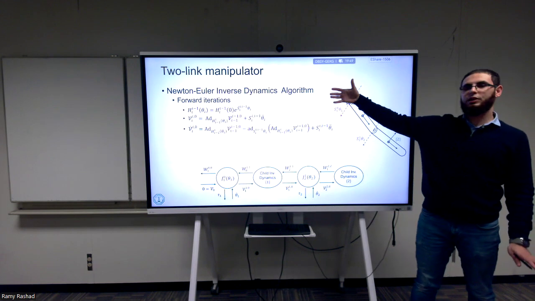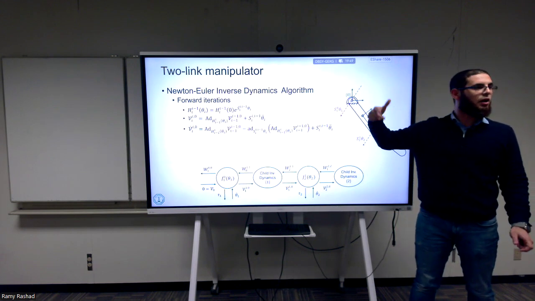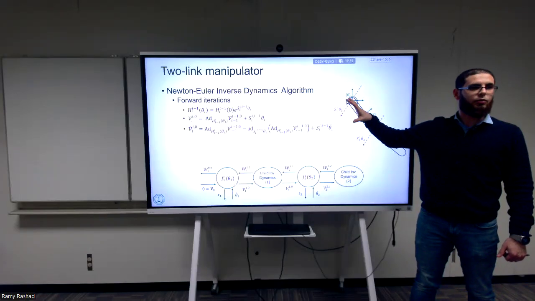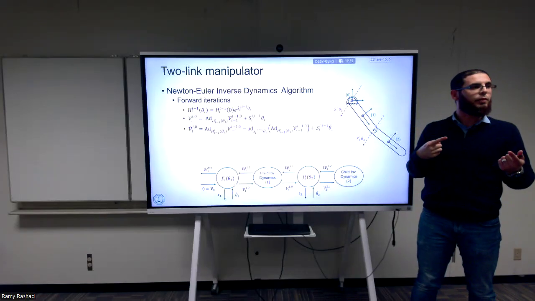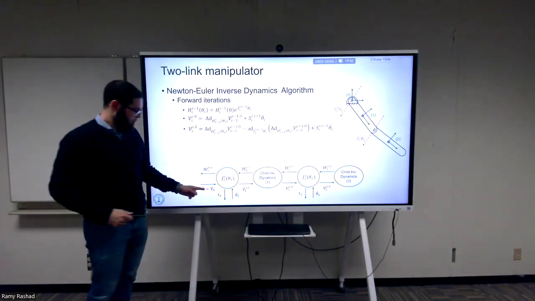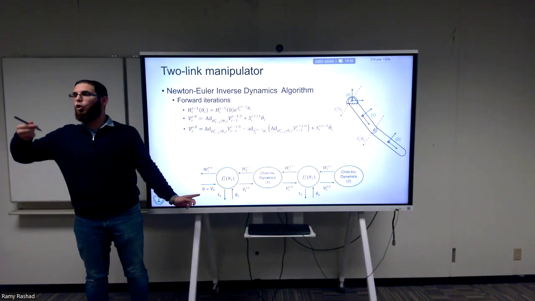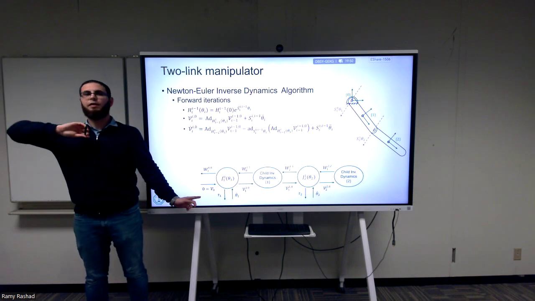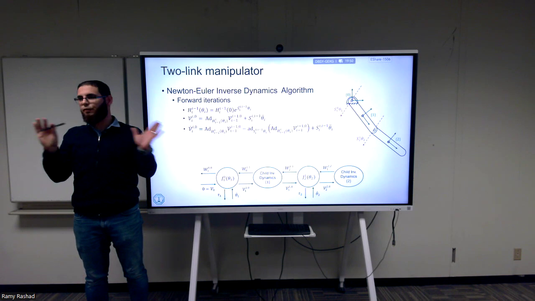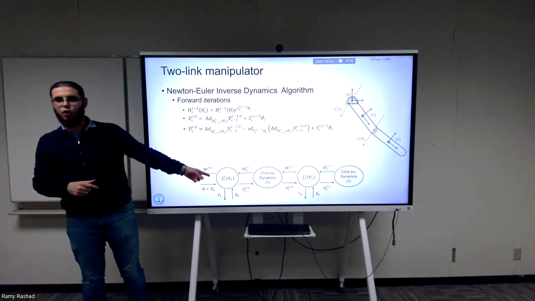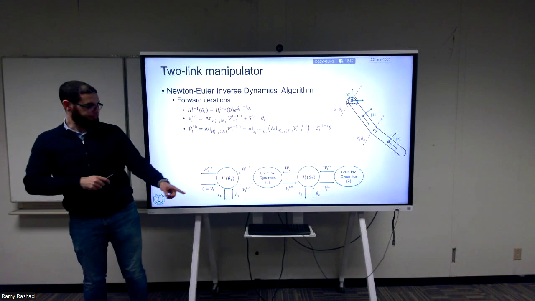So this is the general procedure, how you can actually do it in a recursive way, and this is known as the Newton-Euler inverse dynamics algorithm, okay? It's just a recursive algorithm that will start from the 0, okay, which is this side, and it will follow all of the arrows that go inside, and then in the end, it will calculate everything that's going outside. From a computational point of view, it's a very simple algorithm, okay? Let me show it to you first graphically here.